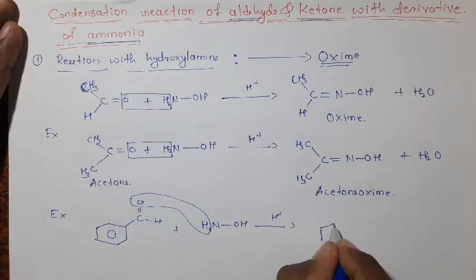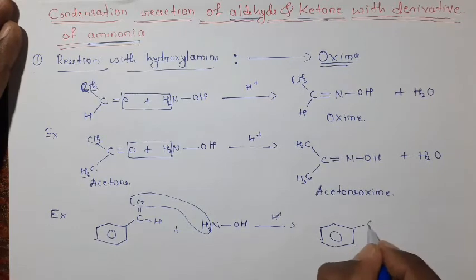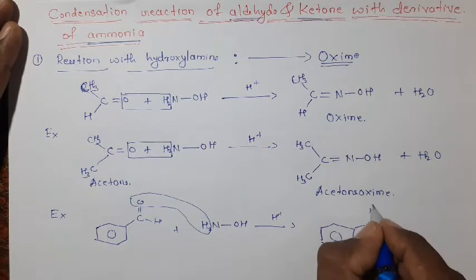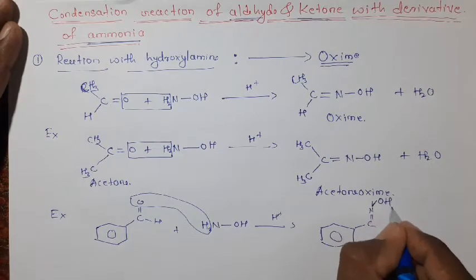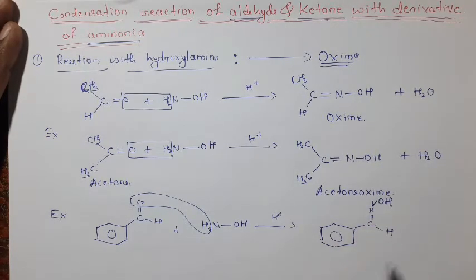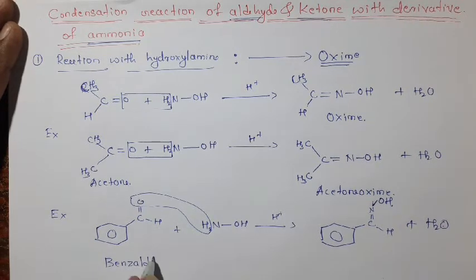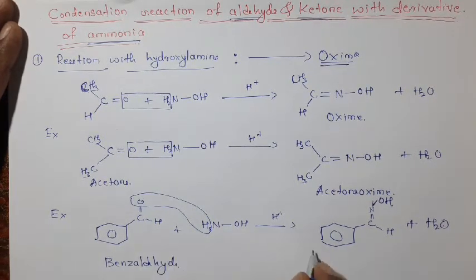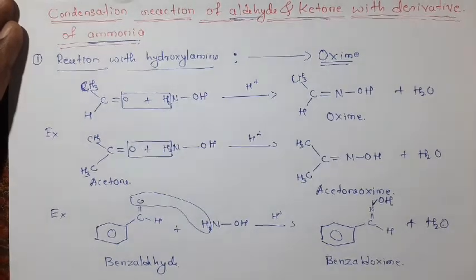It gives C double bond N OH, with the H as it is, plus one water molecule eliminated. The product is called benzaldoxime. Okay, this is the condensation of aldehyde or ketone with hydroxylamine.